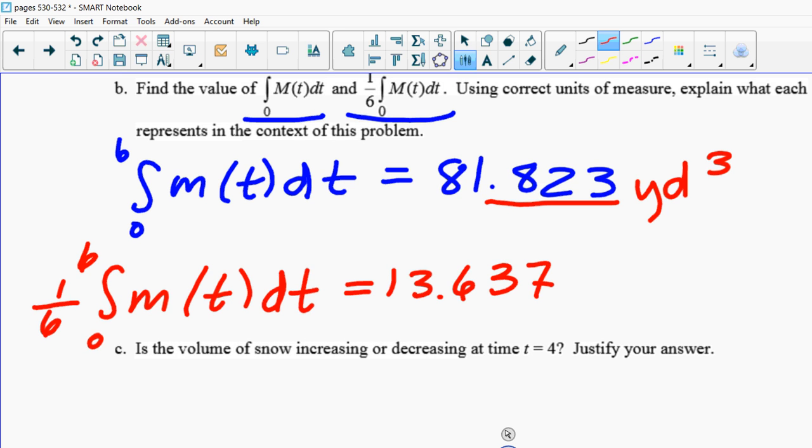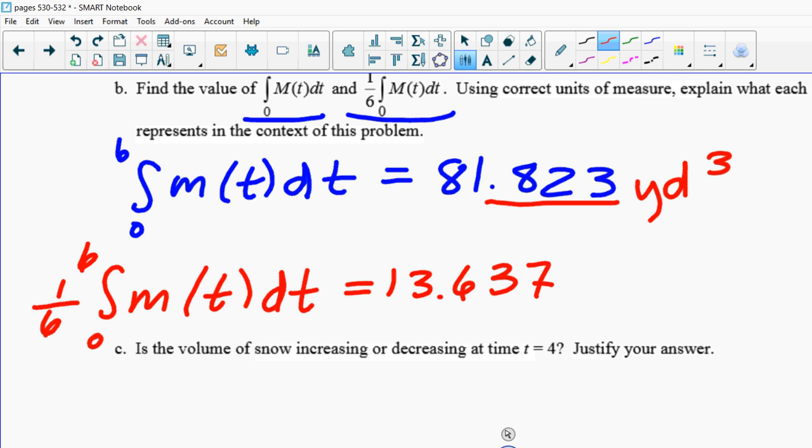During the first 6 hours, the average amount of snow that melted per hour was this many cubic yards. Or you could say the snow melted at a rate of this many cubic yards per hour.